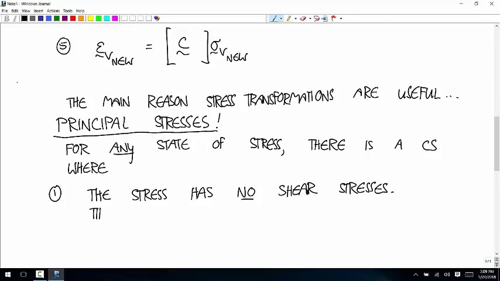So that means the only non-zero stress values are normal stresses.